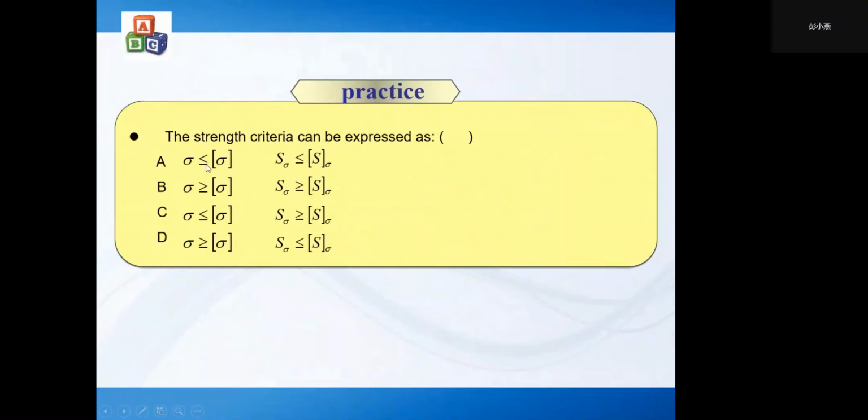Less. And this is the safety factor. When you design the element, you choose or calculate a safety factor, and this is the allowable safety factor. So this calculated safety factor should be less than or equal to the allowable safety factor, or larger than?